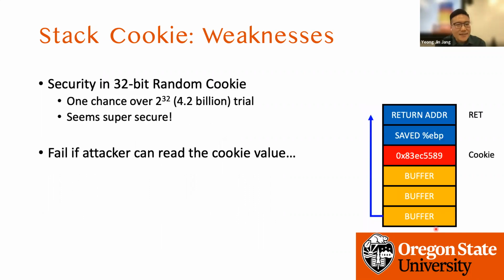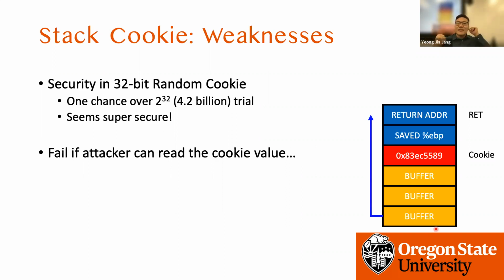And then for stack cookie 3, I believe these are all 32-bit machines. And then think about the 32-bit random value. Suppose you don't know the random value, then one dumb exploit could be to fix one number and keep trying. Then luckily, the random value could be the same as your guess.